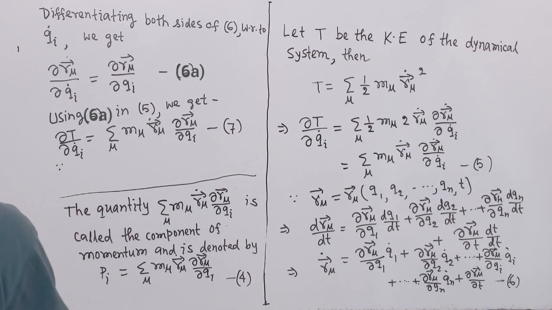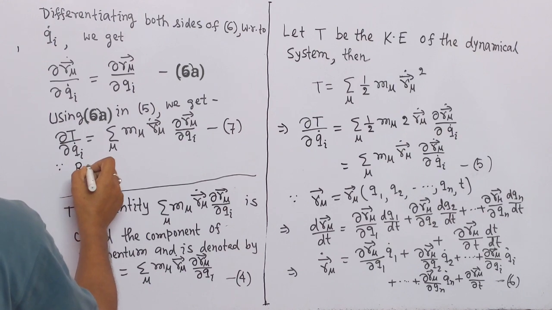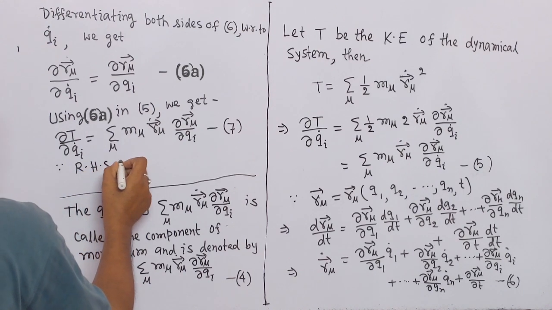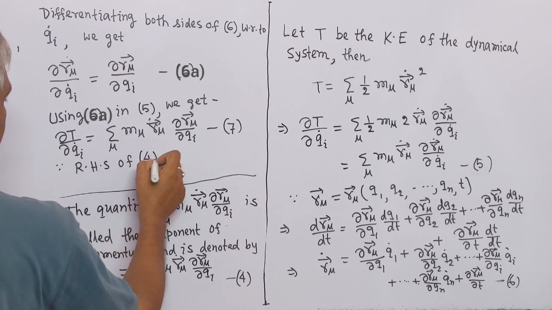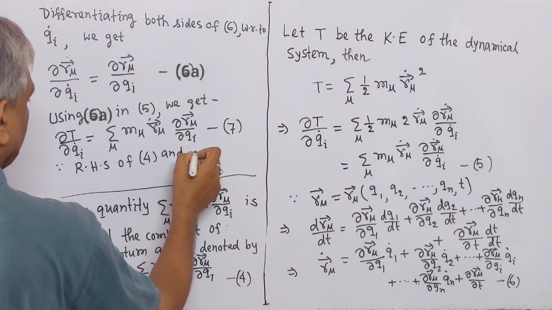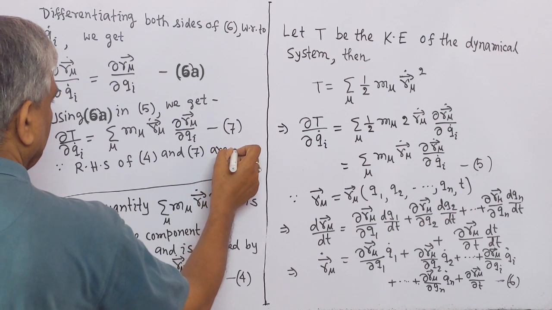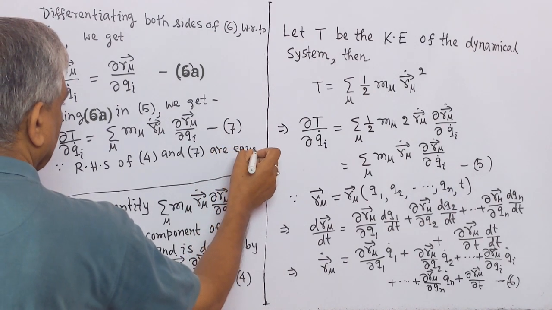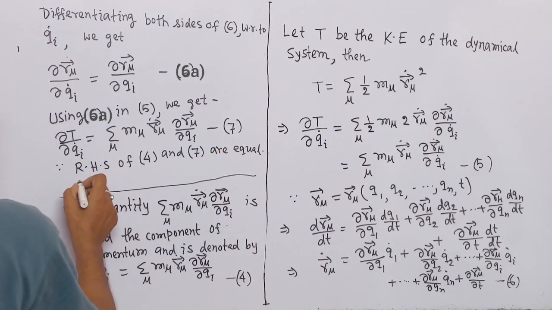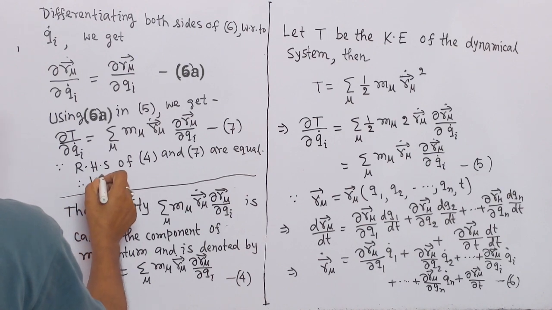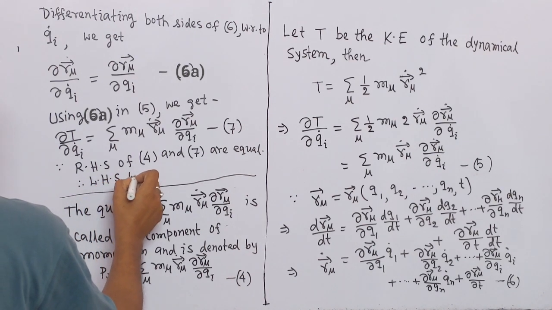Since the right sides of 4 and 7 are equal, therefore the left sides will be equal.